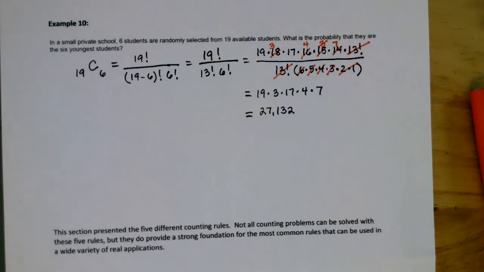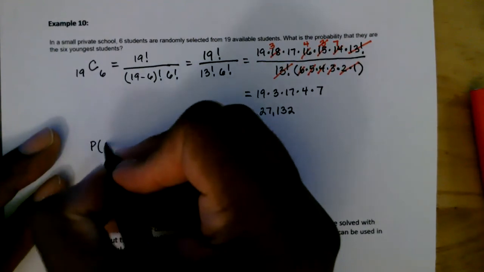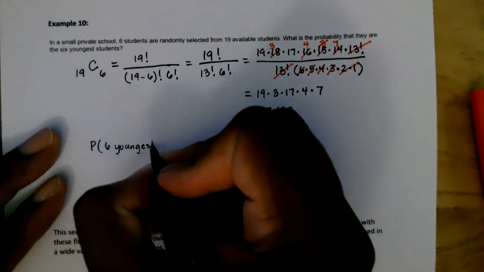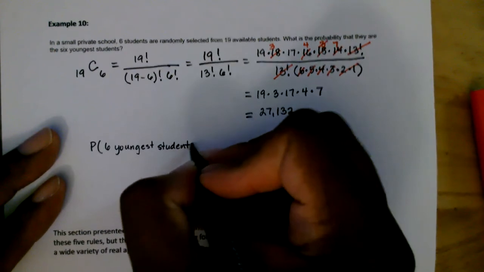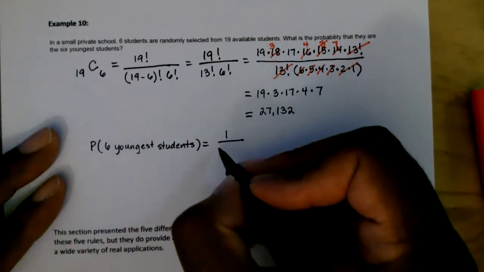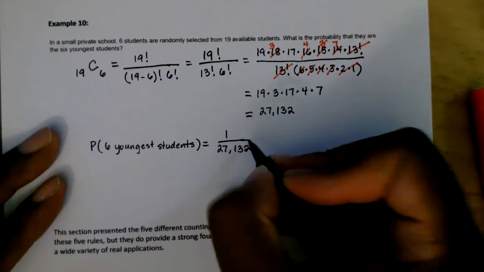There's only one way for that to happen, for you to get the 6 youngest students. So the probability of getting the 6 youngest students will be 1 over the 27,132.